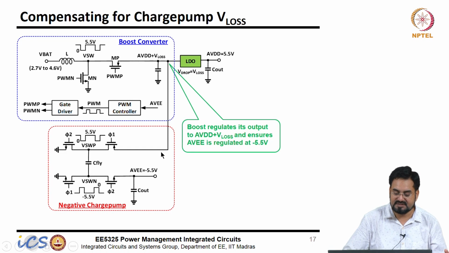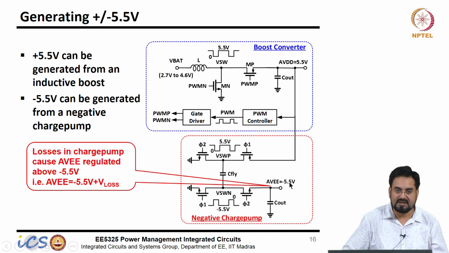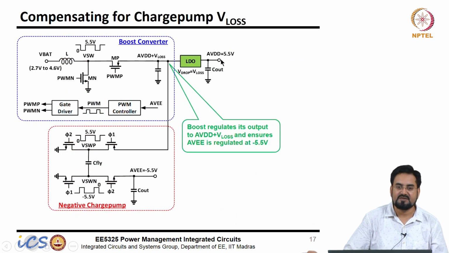In order to fix that, let us say I am getting 100 millivolt less, minus 5.4 volt. In order to get this minus 5.5 volt back, I can regulate this voltage at 5.6 volt, 100 millivolt higher, so that I can get minus 5.5 volt, and then the extra 100 millivolt I can drop in the LDO, and this will give me 5.5 volt.